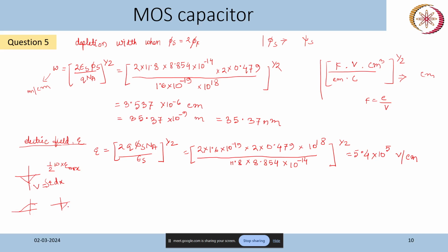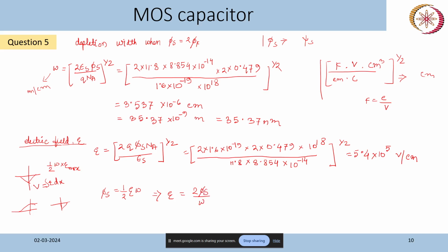Okay, so in this case, what is the potential? That will be, so potential in our case is psi s, which is half of the maximum electric field times the depletion region width. Okay, we know psi s. If you don't remember the whole expression, you can use this formula also. So using this expression, electric field will be 2 psi s by W, the depletion width.